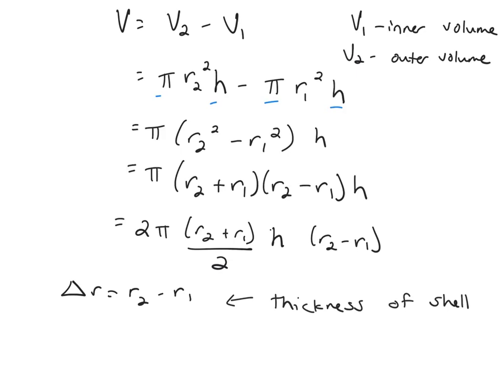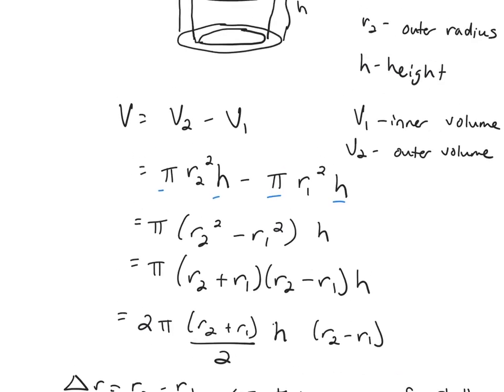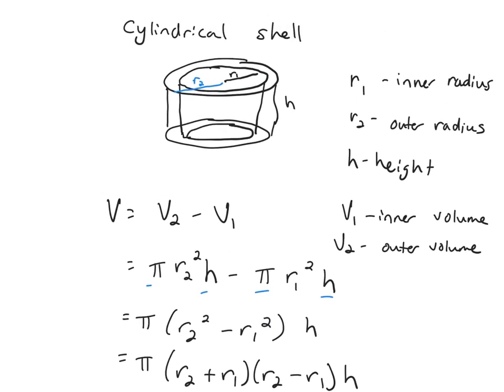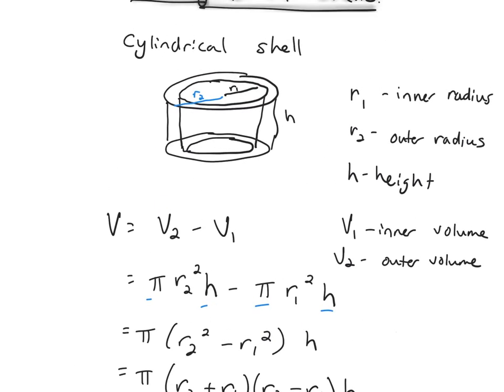R1 plus R2 over 2, that's an average of my 2 radiuses. So remember, let me go back up to the picture. This is a very thin cylindrical shell. It's a very thin rim. So really those 2 numbers, R1 and R2, are pretty close to the same thing.